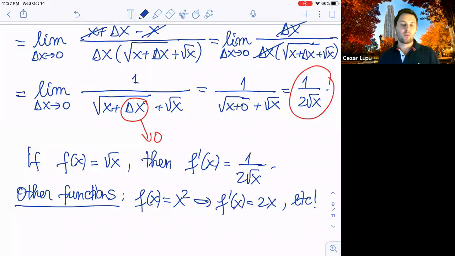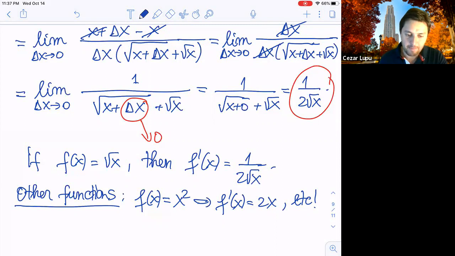So try to play around. Or for example, you can consider the function x to the power n. So you will see that the derivative will be n times x to the power n minus 1. So this is how you play around with derivatives.